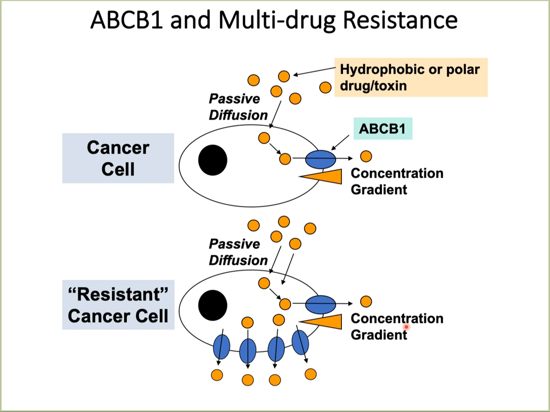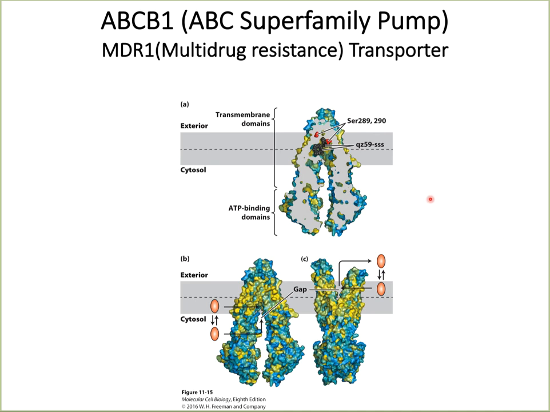So for all intents and purposes, these cancer cells are labeled as resistant to chemotherapeutic agents. Let's see how the ABCB1 binds to this wide variety of hydrophobic and hydrophilic drugs. The illustration shows a multi-drug transporter ABCB1 or MDR1 structure and a model of the ligand export. The upper picture shows a cutout model of ABCB1, the protein bound to two molecules of QZ59-SSS, a drug analog, shown in black in the structure pocket.